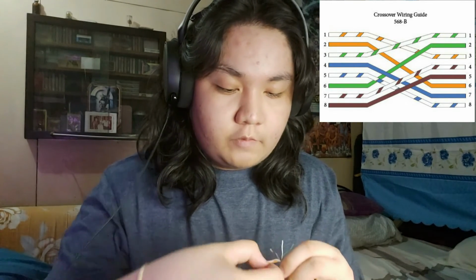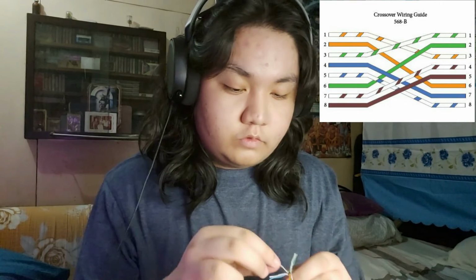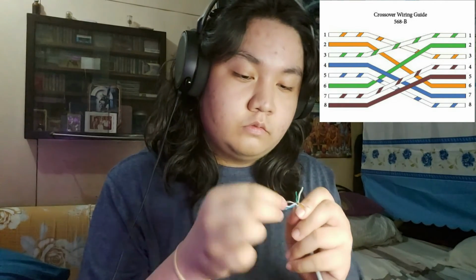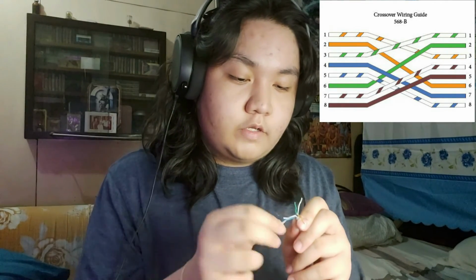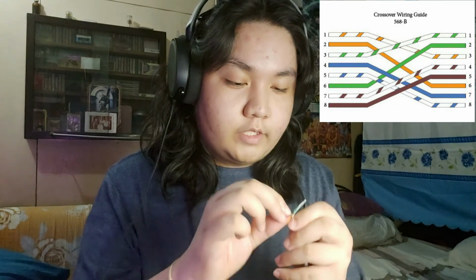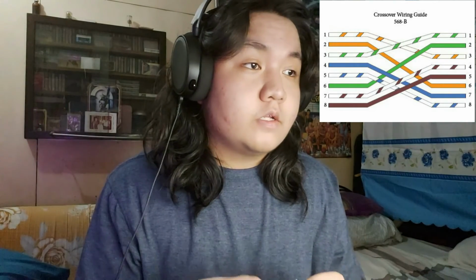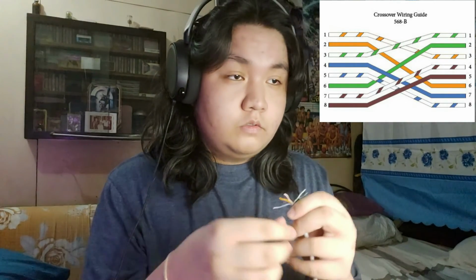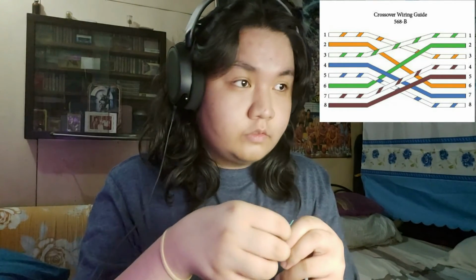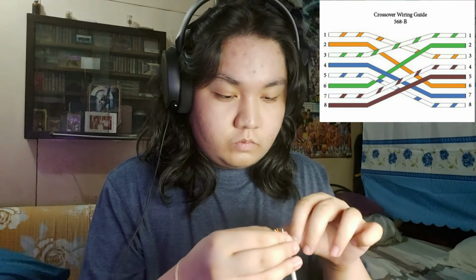They're not the same as the straight through. The straight through has the same color code in both ends. Here in a crossover, the first end will be white orange, then orange, then white green, then blue.